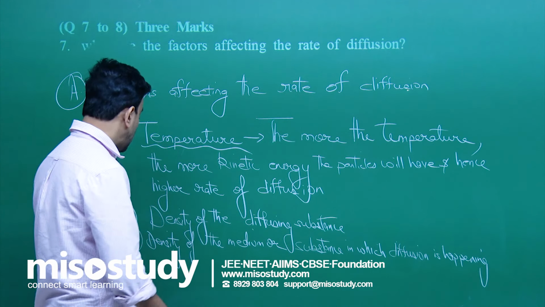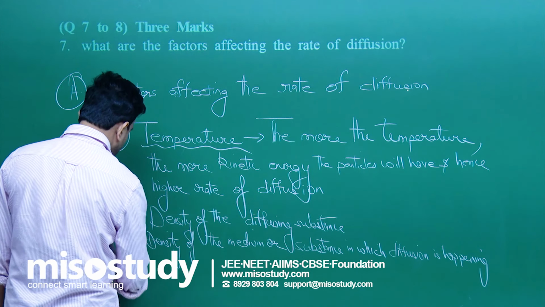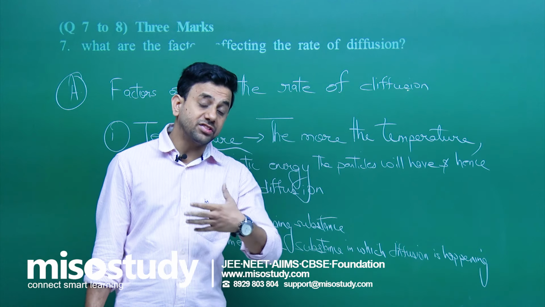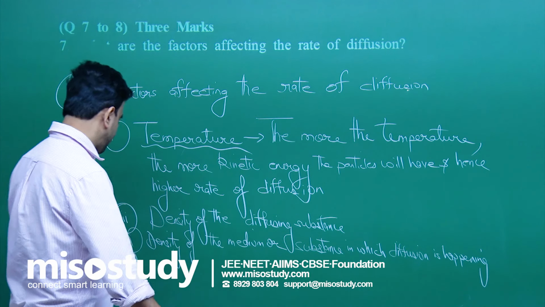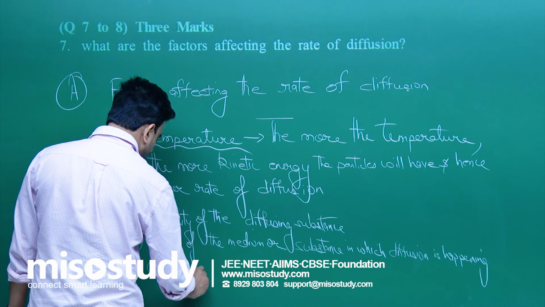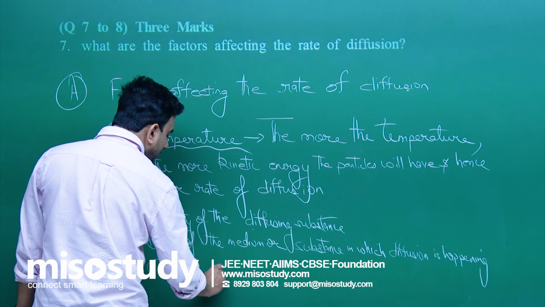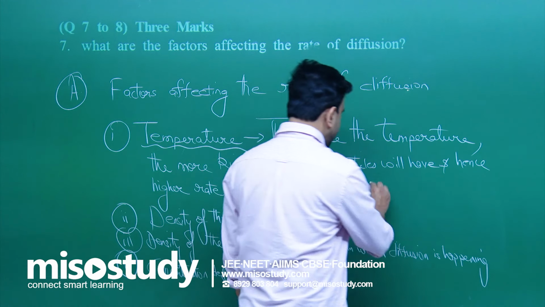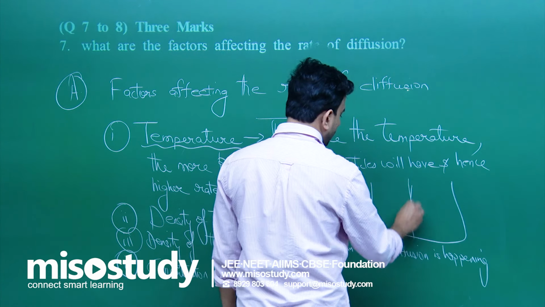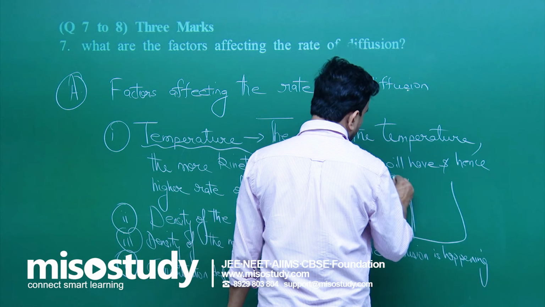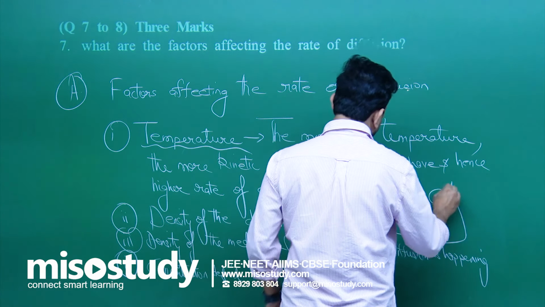And fourth, the diffusion pressure deficit, or concentration deficit. What do you mean by this? Say this is a medium with 80 particles here and just 10 particles there. The difference is 70.